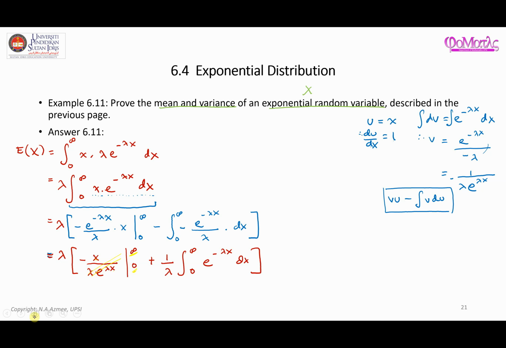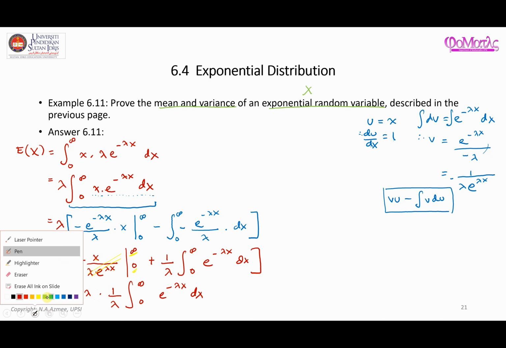And what you can see is that we got to this point now. We have λ times 1 over λ, and you're going to integrate this part. Notice that I can bring this λ inside the integral, because this is just a constant.